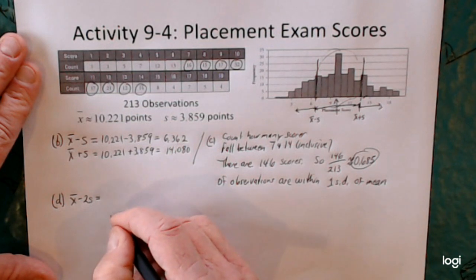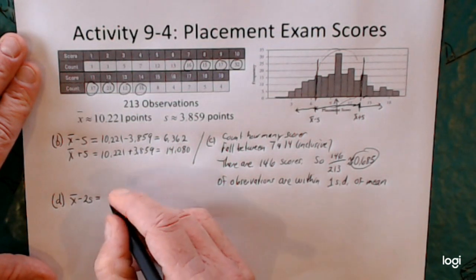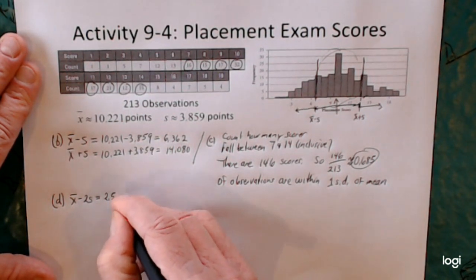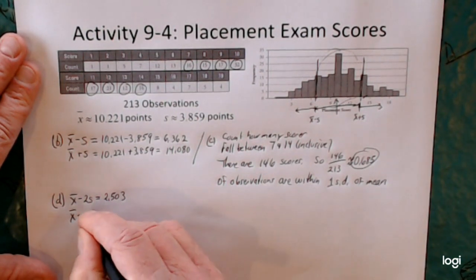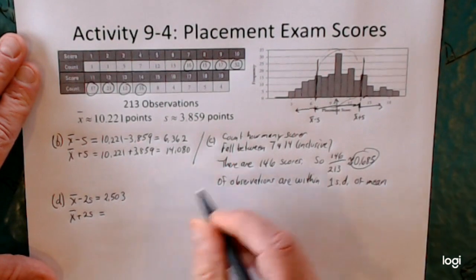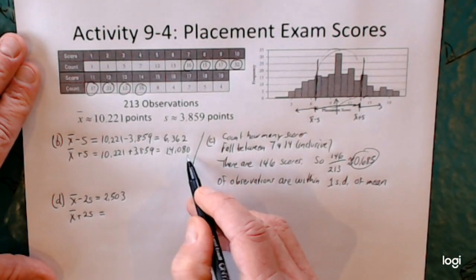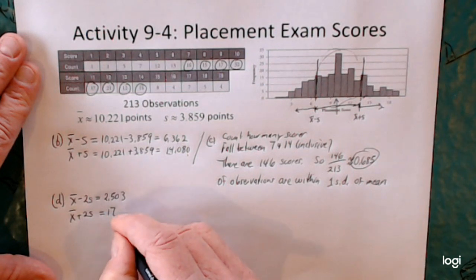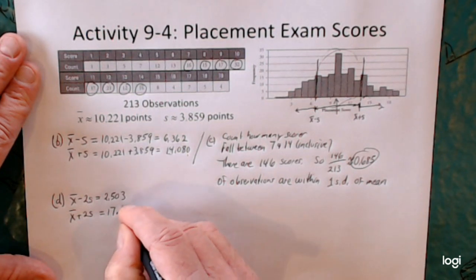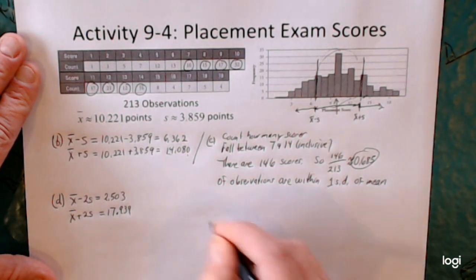So that's going to give me 2.503. And if I go up another standard deviation from 14.080, that's going to take me to 17.939.